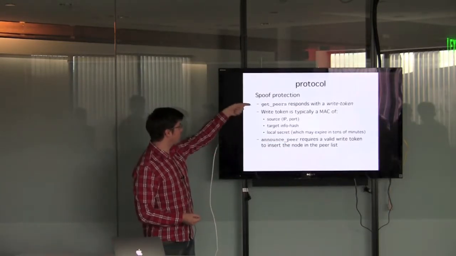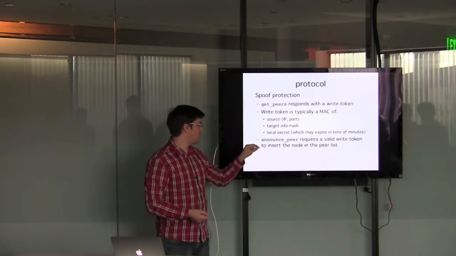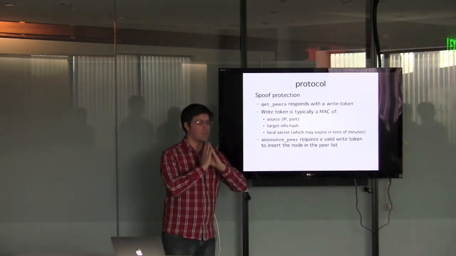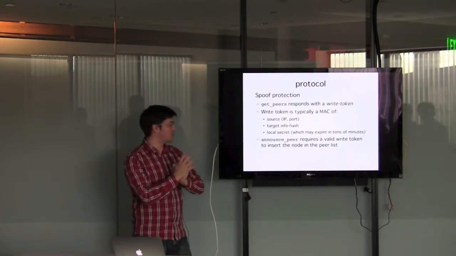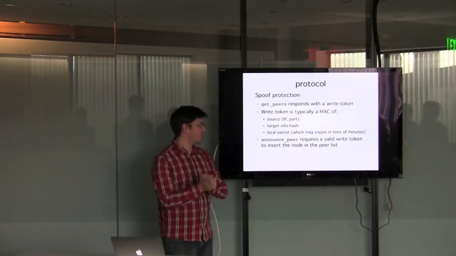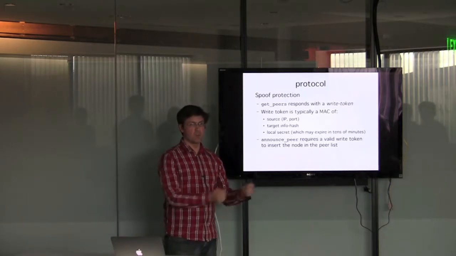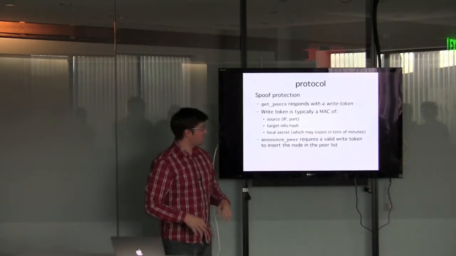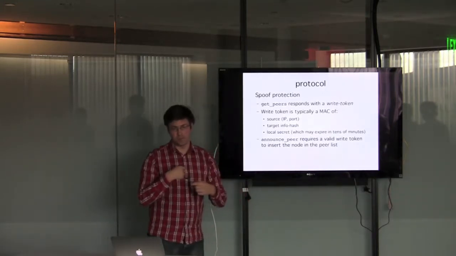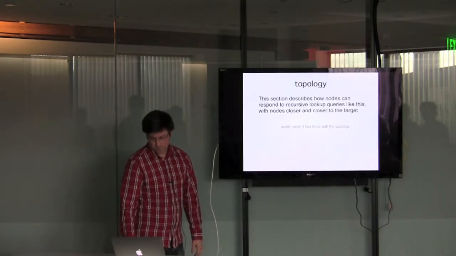Then when this peer that you just responded to comes back and announces themselves, they have to include that same write token that you just sent them. And if they don't know the write token, that means that they didn't get your response, and that would be an indication of them probably forging their source IP address. So that's just a little bit of friction. You get a 3-way communication before you actually trust someone.